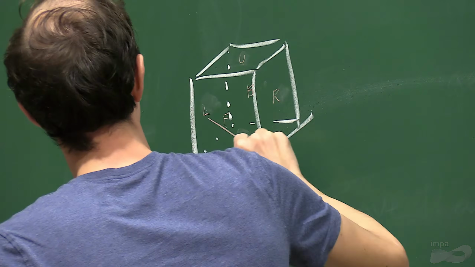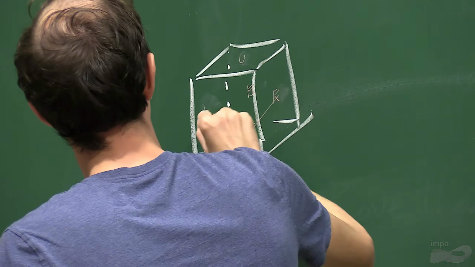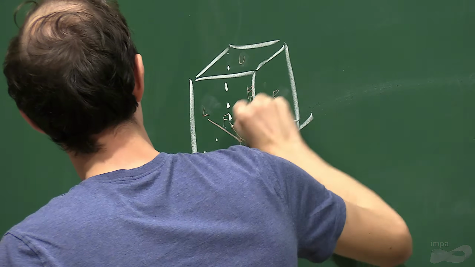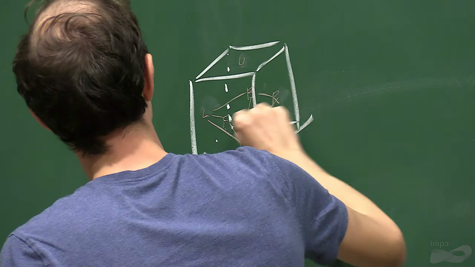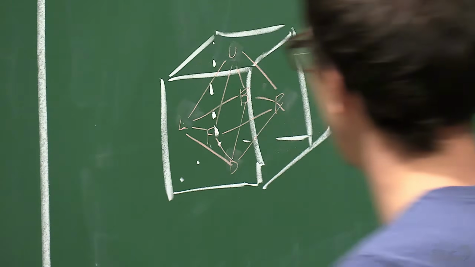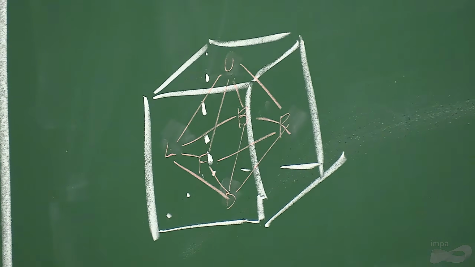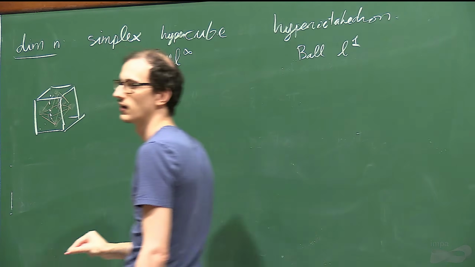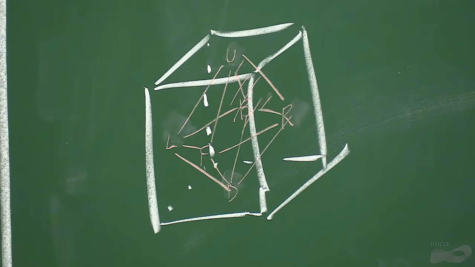So here, dual to the cube, we get the 1 skeleton of the octahedron, and then when I glue 1 face for every vertex, I just get the octahedron.